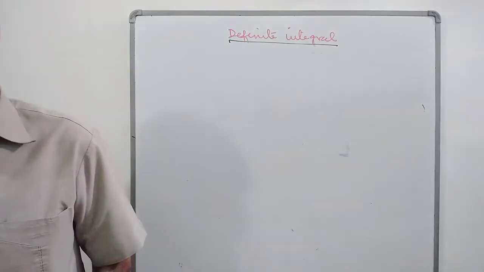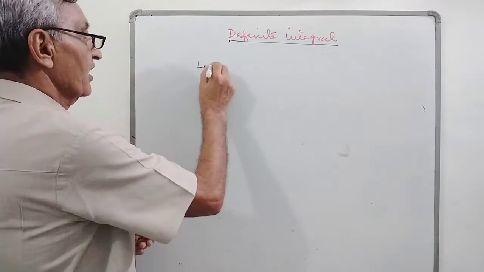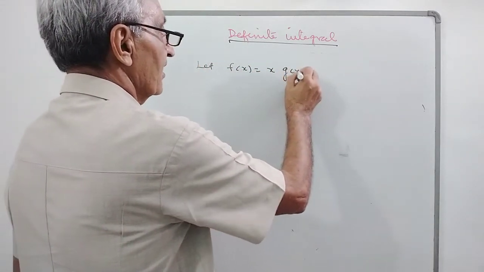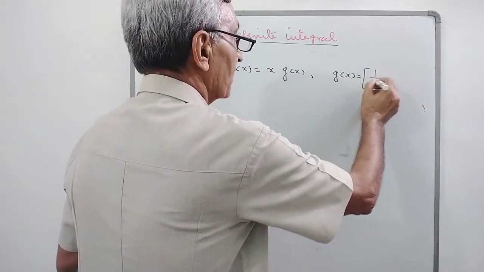A question has been asked here: let fx is equal to x into gx, and gx is equal to the greatest integer function of 1 over x.